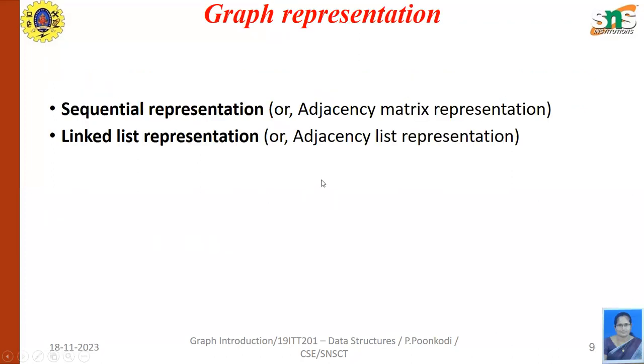Those real-time problems are represented in two methods: one is sequential representation and the other is linked list representation. The sequential representation uses the adjacency matrix, and the linked list representation uses the adjacency list.